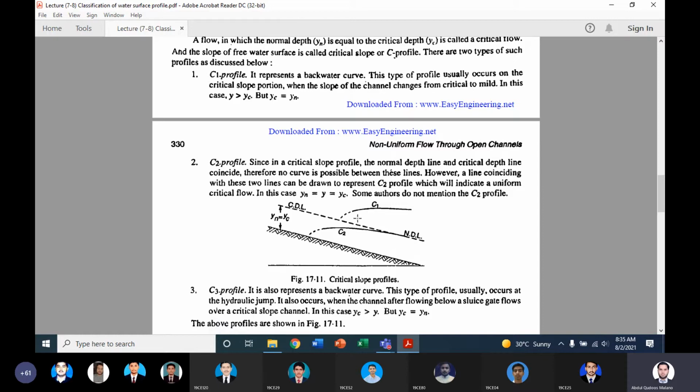So in this case, y, which is the depth of the water, is going to be greater than the normal depth and the critical depth, ठीक है, क्योंकि ये दोनों बराबर हैं. So you can write y is greater than critical depth, or you can write y is greater than normal depth, because both are going to be equal. ये समझ में आ रहा है बेटा?